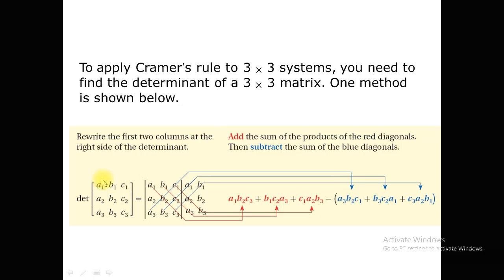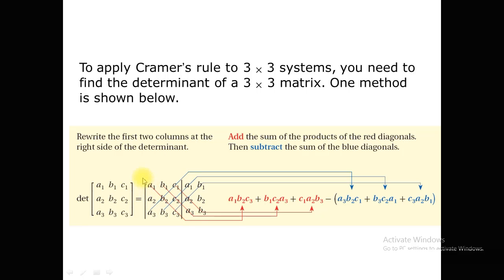This is the coefficient matrix of a 3 by 3 system, and its determinant can be found by cofactor expansions.